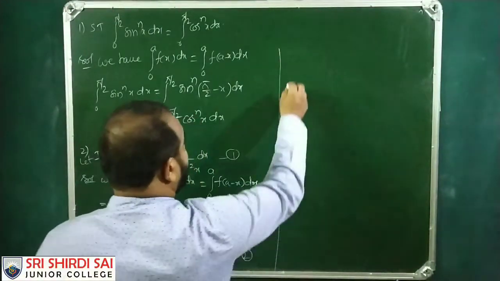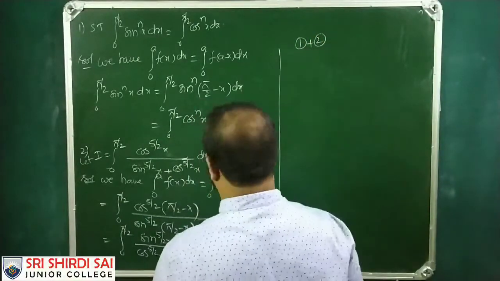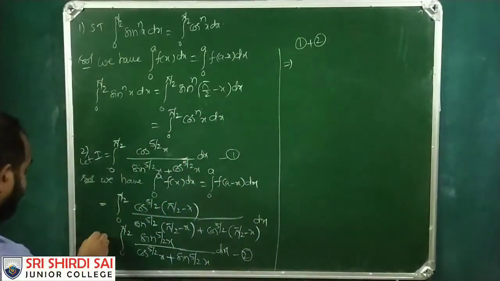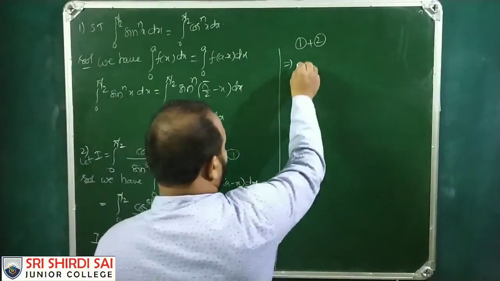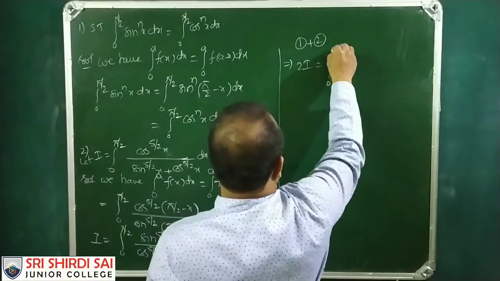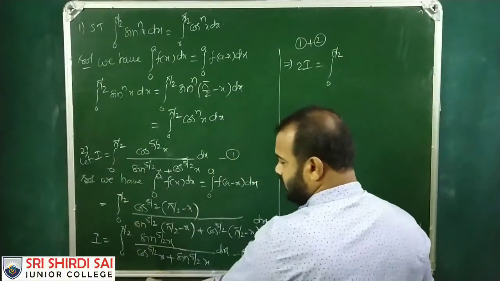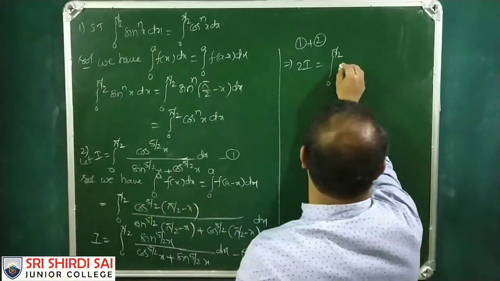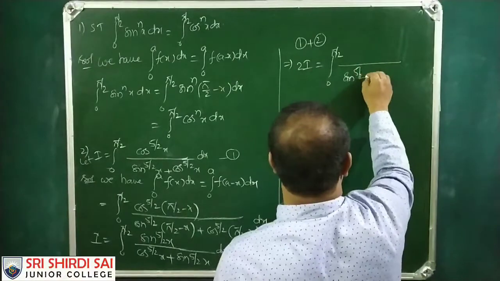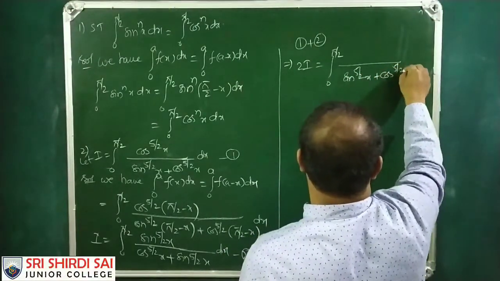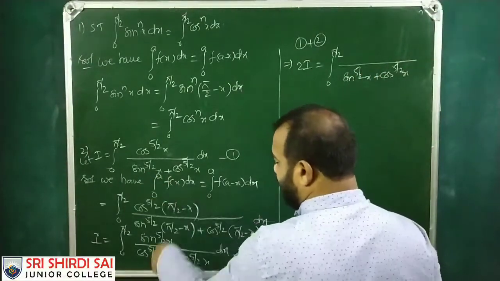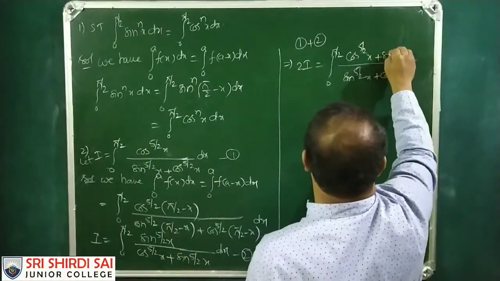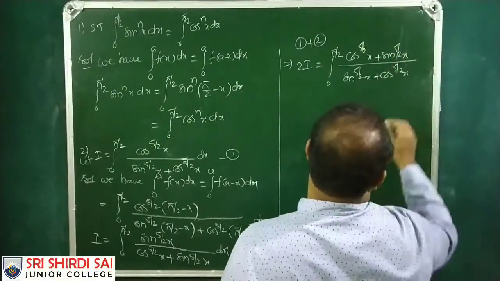So let us add these two, 1 plus 2, I plus I, this is also I. So I plus I is 2I, equals the integral from 0 to pi by 2, which is common. If we take the LCM, we get sin power 5 by 2 x plus cos power 5 by 2 x in the numerator and cos power 5 by 2 x plus sin power 5 by 2 x in the denominator, dx.